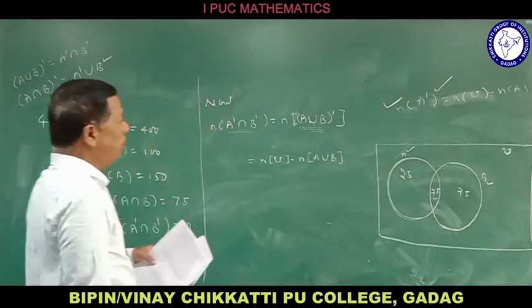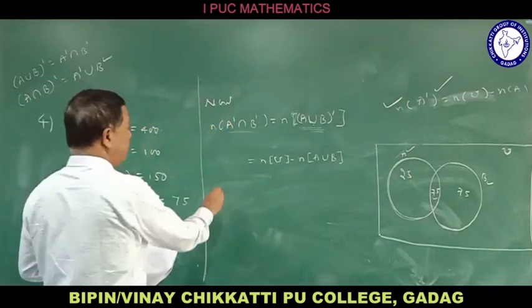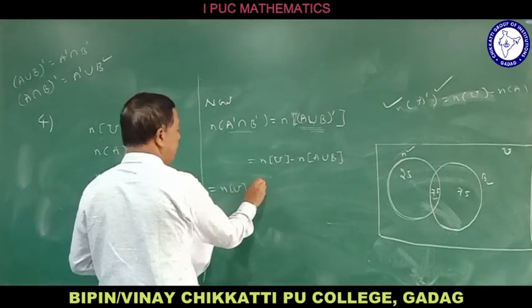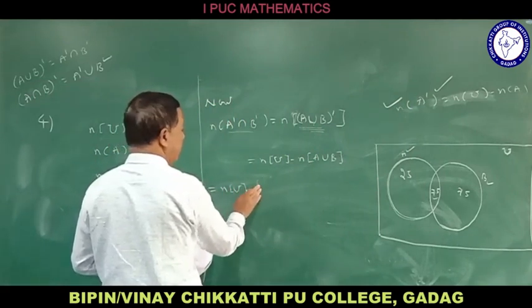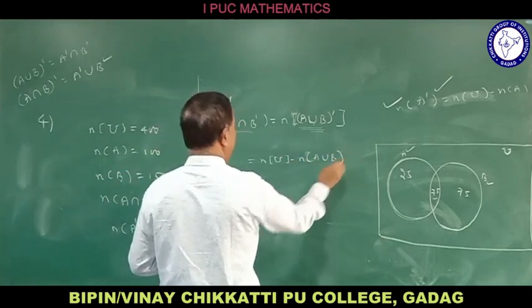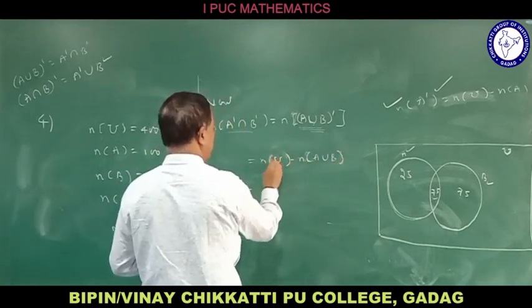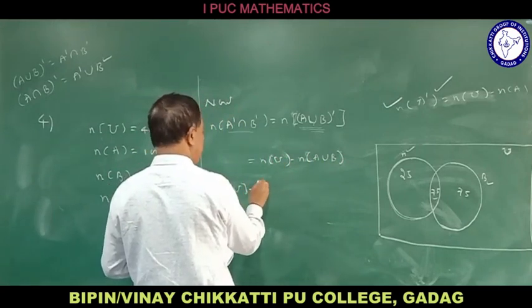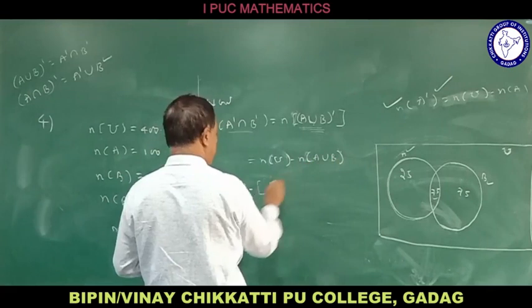This is the formula I have written. So this is equal to N of U minus N of A union B, and try to understand here. N of A union B is what?